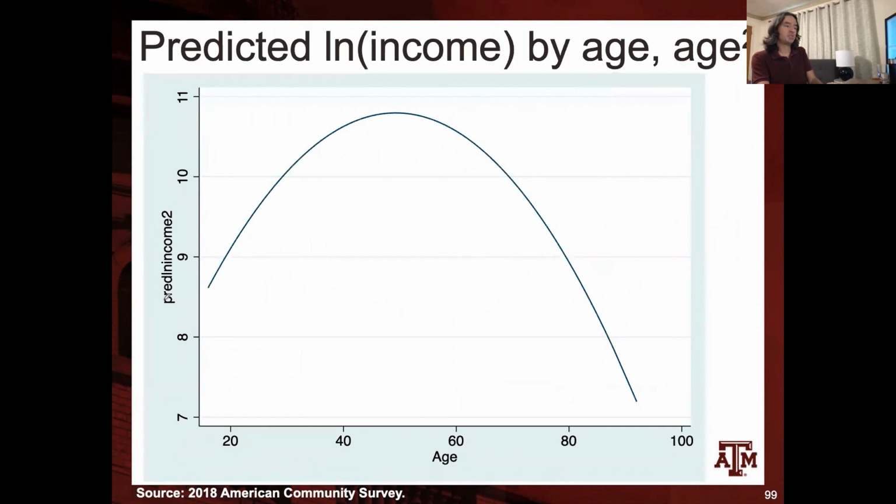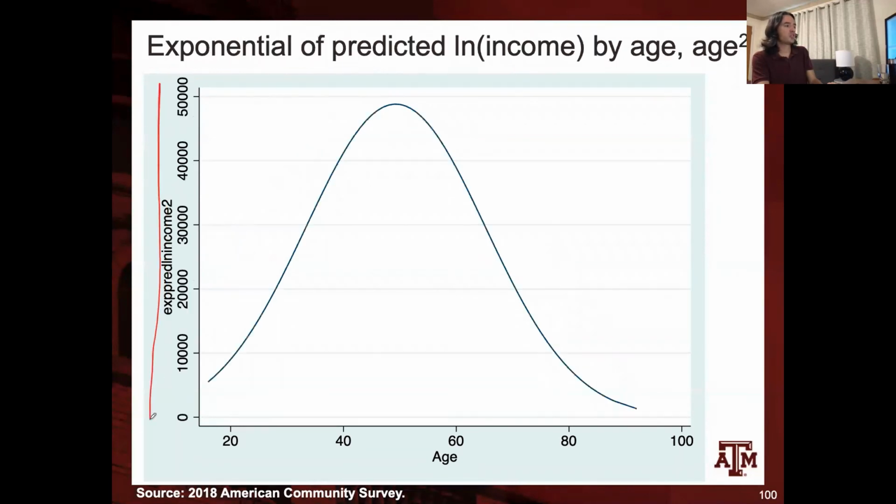These are the predicted income. The other one that had more variation was the observed. Here's the predicted. And here's in log of income. If I just take the exponential of the predicted, then I have a curve that has both this little curve here going up and then the parabola because of age and age squared.